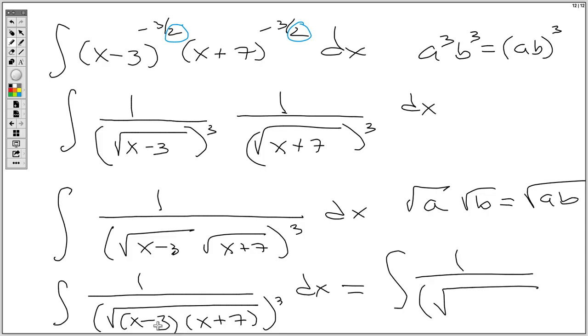And now if we FOIL out the inside, we've got ourselves an x squared plus 7x minus 3x, so plus 4x minus 21. There it is. So once again, we're using algebra to take something we don't know how to handle into something that looks more like what we've been working on.